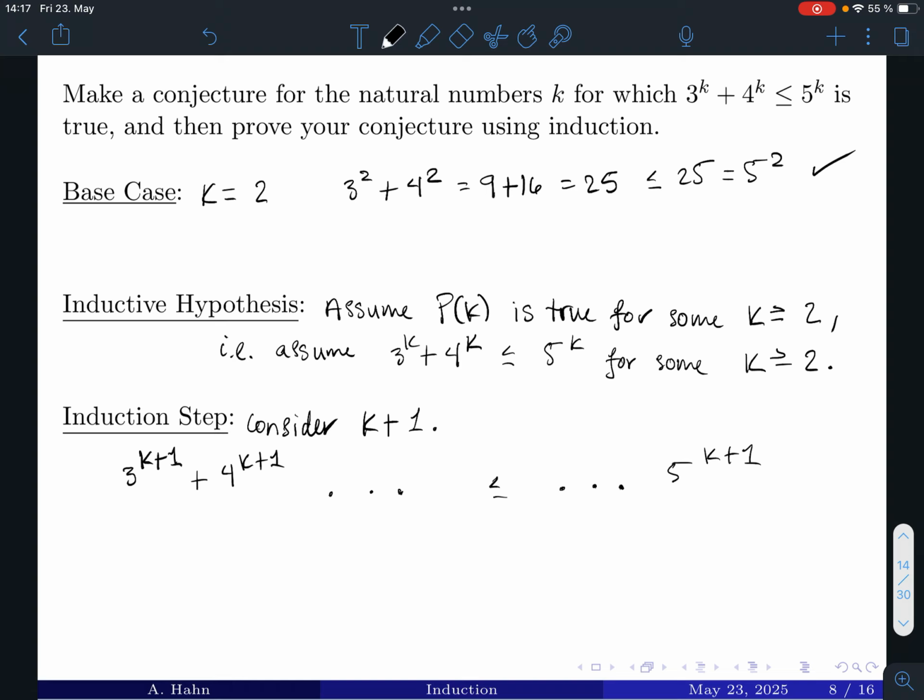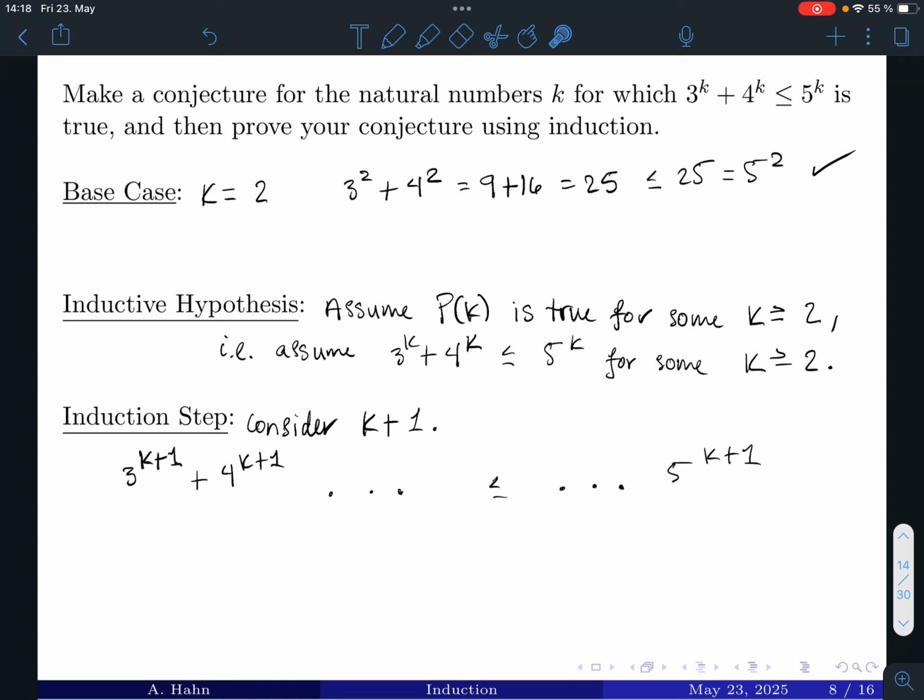And so just like in the previous example that I mentioned, everything that we've written down so far is formulaic. After we did our game planning on the previous page, we wrote down the base case, we wrote down the inductive hypothesis, and then we wrote down consider K plus 1 and the left-hand side of the predicate for the K plus first case.